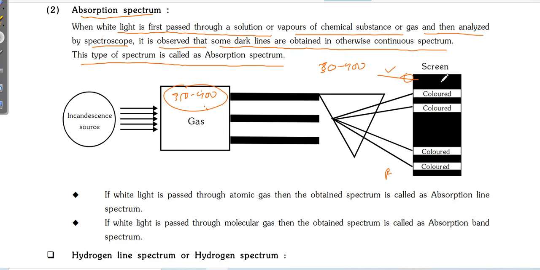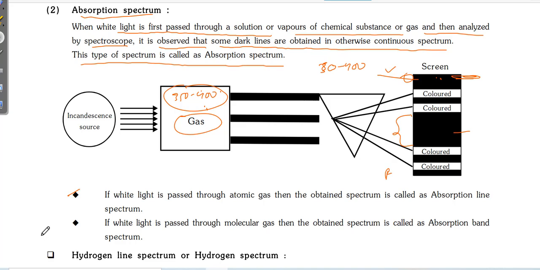That's why here there is no such light. That frequency, wavelength, and relevant color is not showing here, that's why it is black. As well here, in VIBGYOR, green and yellow color is also absorbed. That's why here there is no color. Okay, this is the thing.